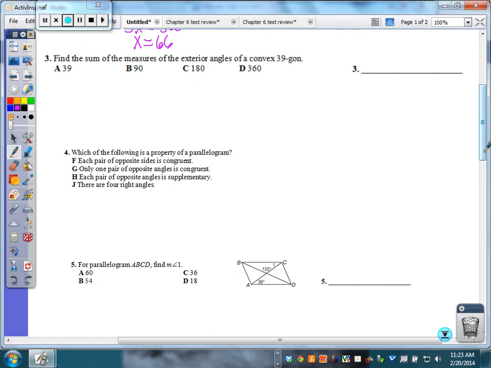Number 3, probably one of the easiest questions you're going to have on the test, is going to be: find the sum of the measures of the exterior angles.